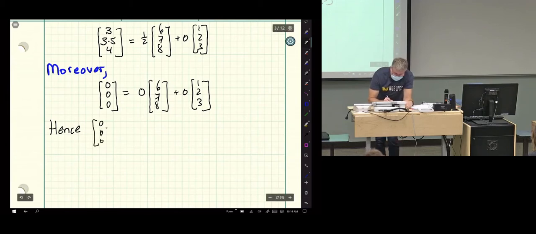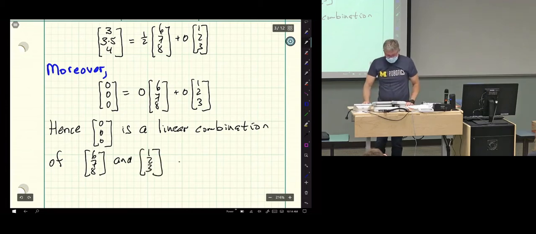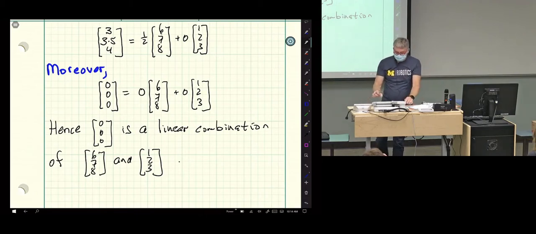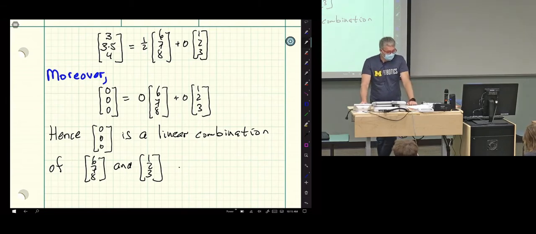Hence, 0, 0, 0 is a linear combination of 6, 7, 8 and 1, 2, 3. So any vector for which I can solve the equation, that vector is some real number, alpha times one vector plus another real number, alpha 2 or beta or gamma, whatever you want to call it, times the next vector. That's a linear combination.